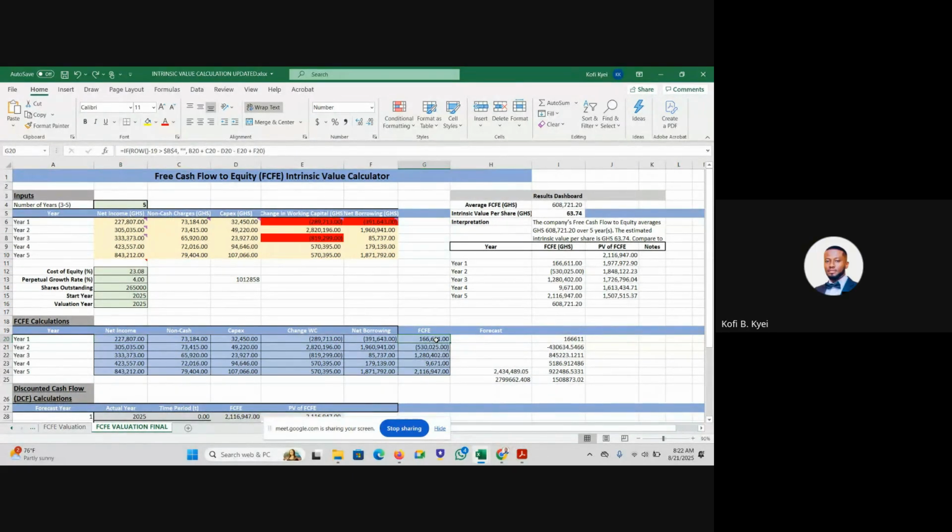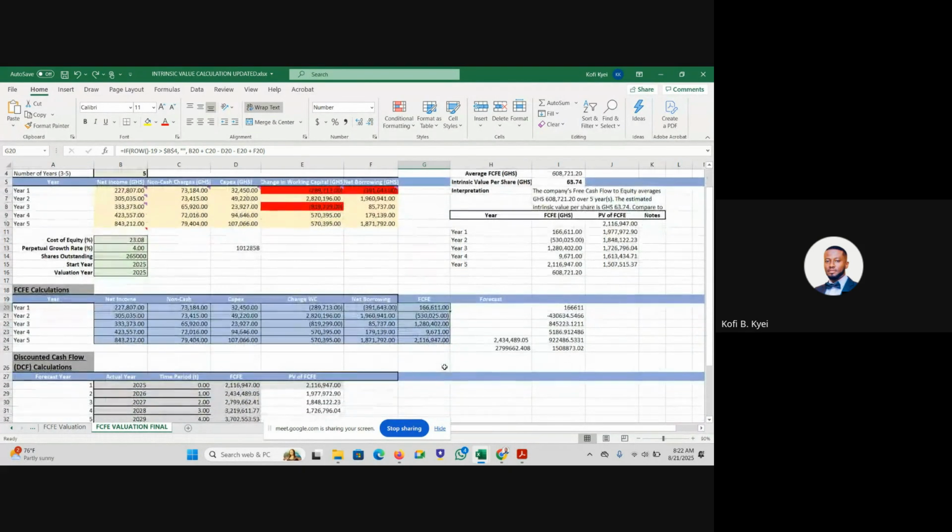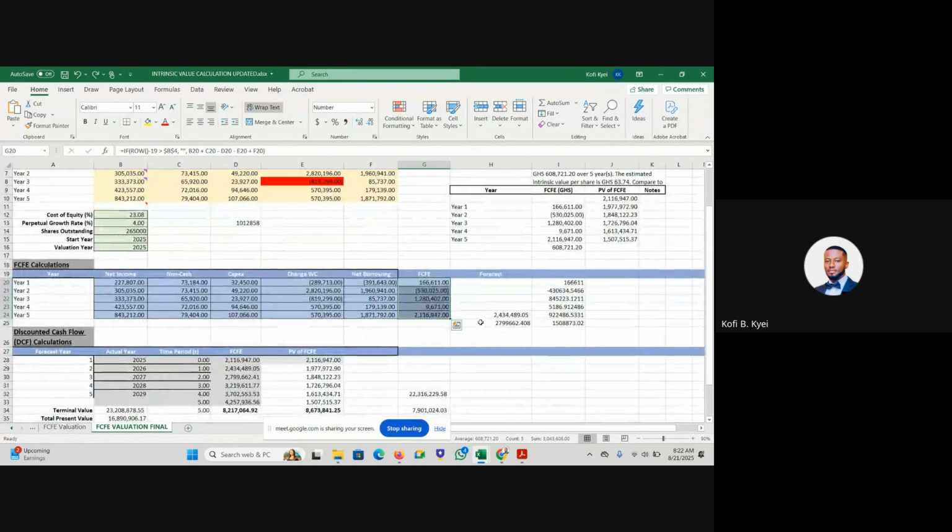You have to go by the formula, as I said: add, minus, add. When you do that, we come out with these values. If you can remember in the slides, we mentioned that the base free cash flow figure was 2,116,947. These are the free cash flows for each year.